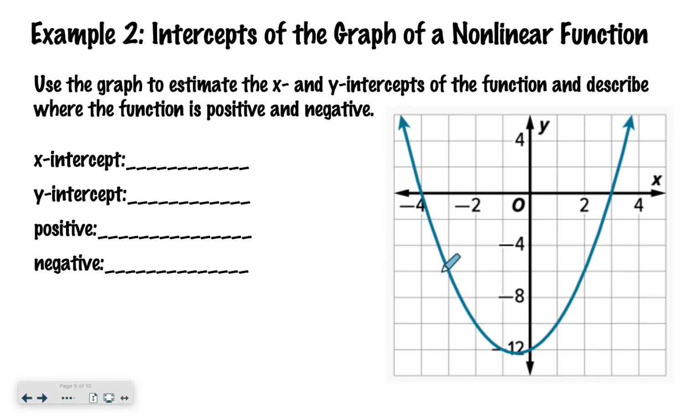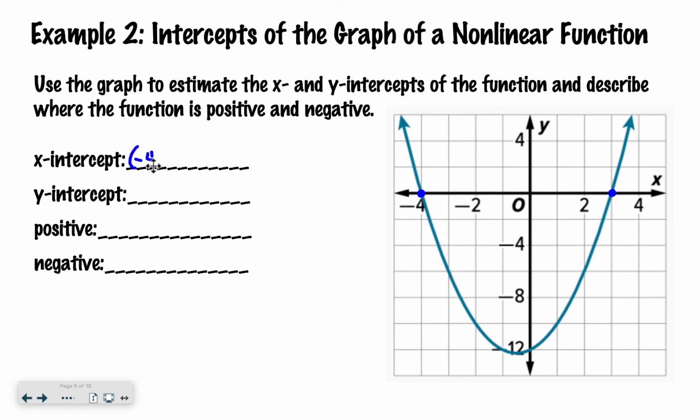And let's move on to the next example, which is pretty much doing the same thing, but this time we have a curve in our line. Okay, so our x-intercept, you can see, hey, it crosses here and it crosses here. That means I have 2 x-intercepts. So my first one, I'm just going to list from left to right.